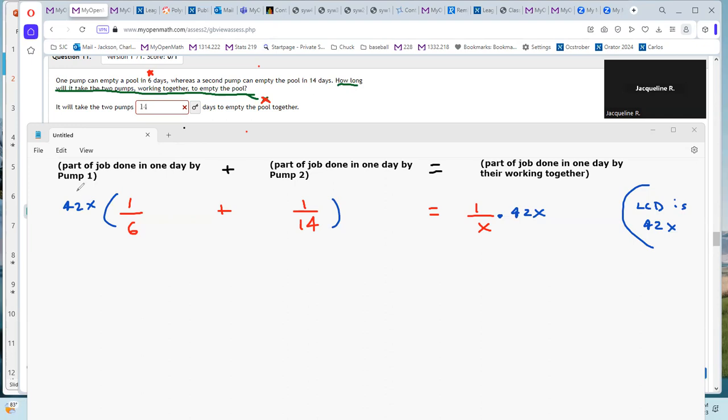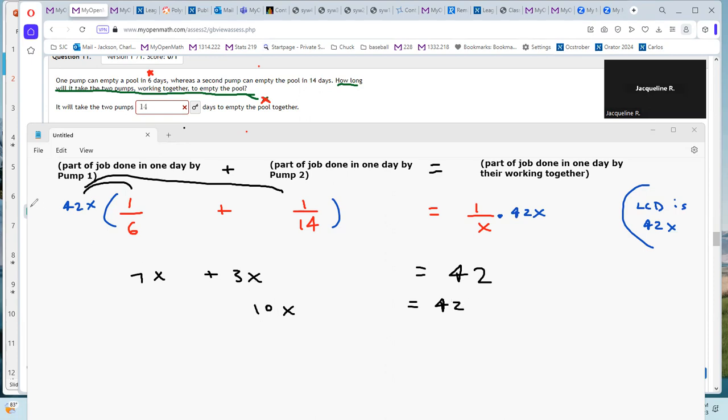And Jacqueline, can you see how we have 7x plus 3x equals 42? Are you okay with that equation? Yes or no, I think that's good. So 10x then equals 42.